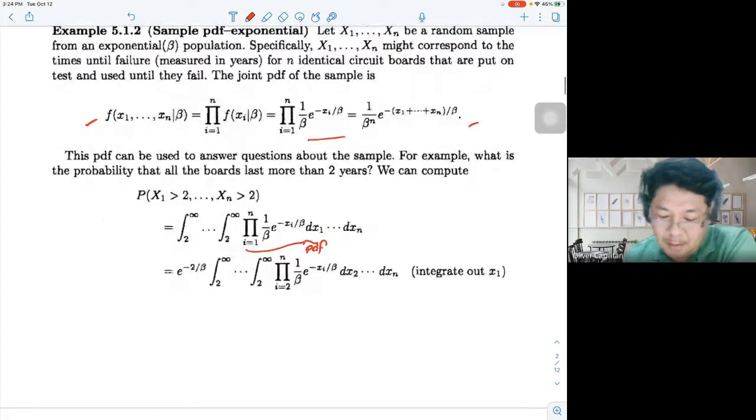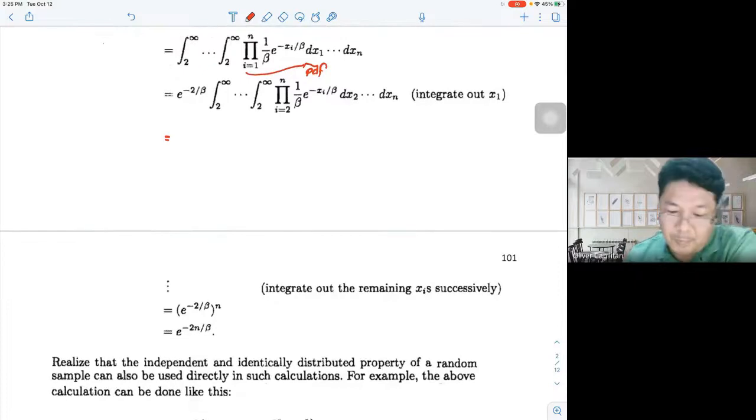And then integrate out x sub 1. In other words, you apply this multiple integral one by one, first integrating out x sub 1, then integrating x sub 2, and so on and so forth.